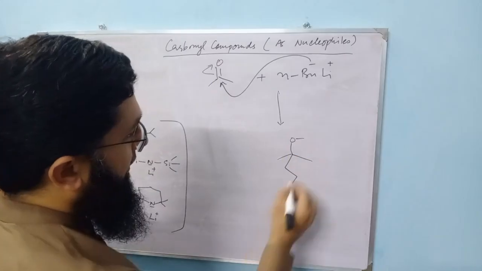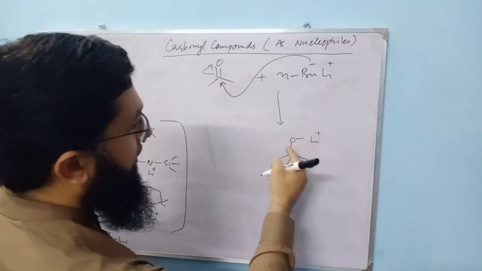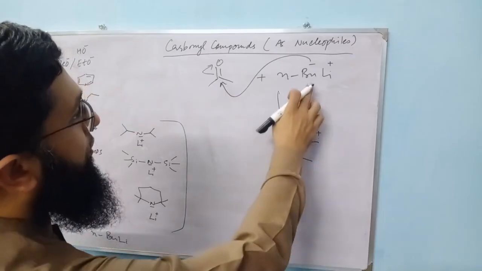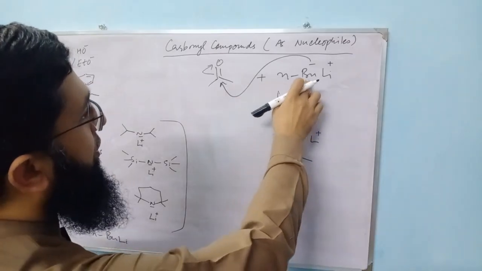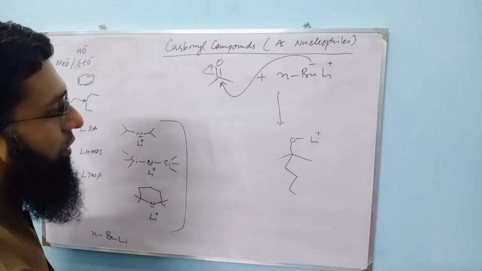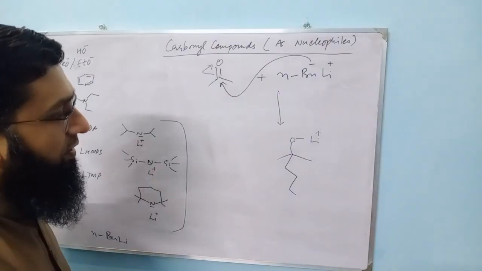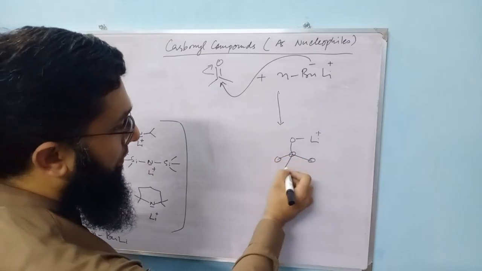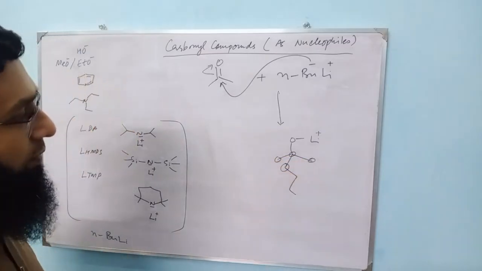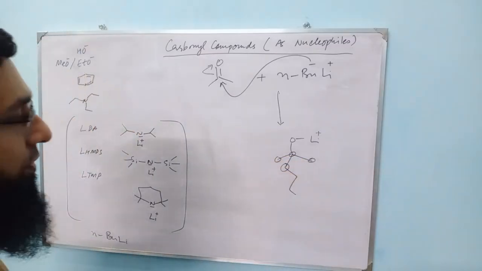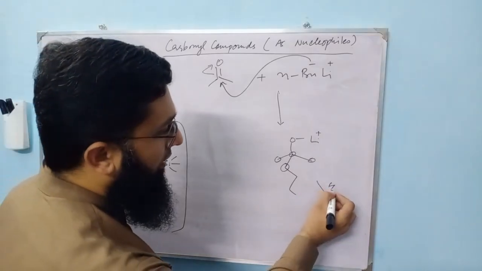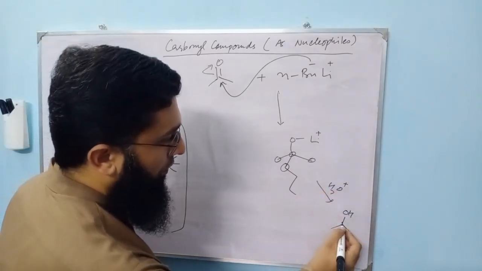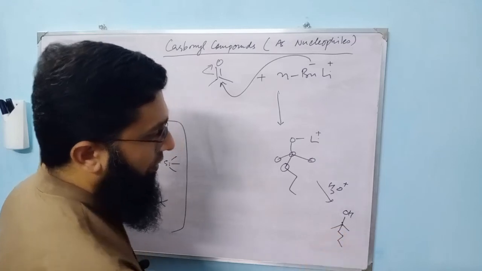Now this complex is formed due to the addition of this butyl group to this carbonyl, and this cannot be reversed. This is not a reversible reaction because here we have carbon, carbon, carbon, carbon, so all are carbons, and as a result of the quenching we can get only the corresponding tertiary alcohol.